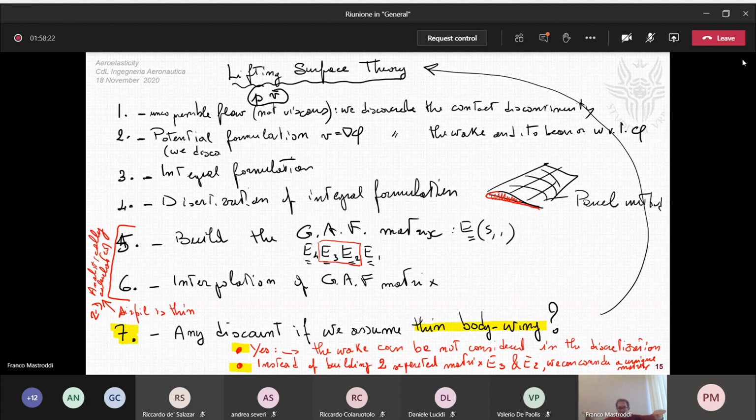We have a unique flat surface with a unique panels like tiles distribution. And this is the theory implemented in Nastran. This is the theory implemented in the standard unsteady code for elasticity, ladies and gentlemen.